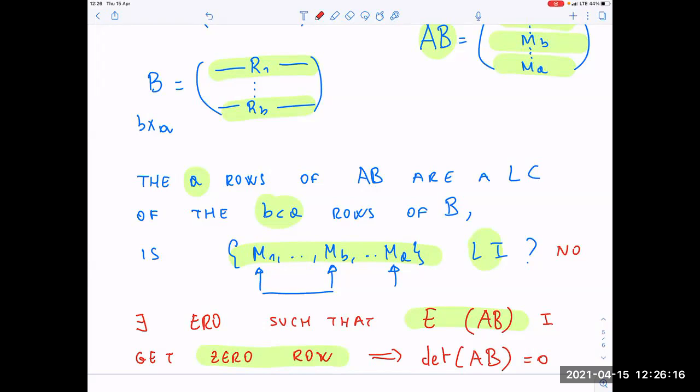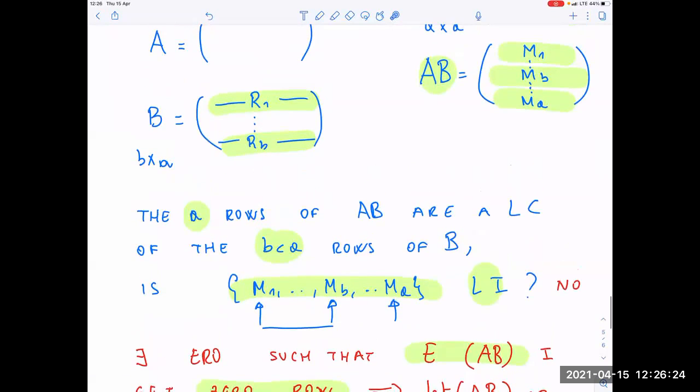The idea is that you can look at this matrix, you will reduce it, and you will get at most B markers. So when you use these rows to produce a larger number of rows, they cannot all contain a marker. There will be rows without markers. And rows without markers are rows you can make zero with elementary row operations.